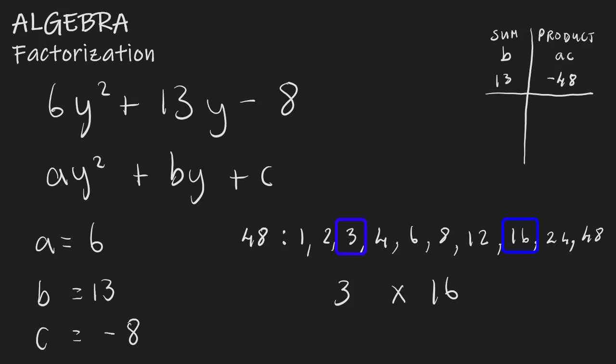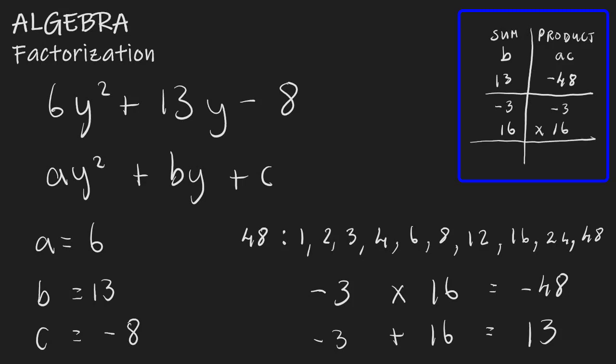So the negative factor must be 3. Negative 3 times 16, that is equal to negative 48. And negative 3 plus 16, that is equal to 13. So the factor pair is negative 3 and positive 16.